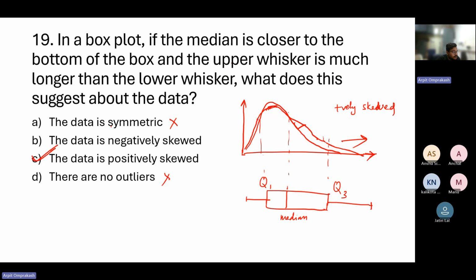Ideally, this is not the right curve, but 25% of the data is here, 25% is here, 25% is here, and 25% is here. But the length here is much more, so the data is more spread out, and the length here is much less, so the data is less spread out. It's more aggregated. Right?